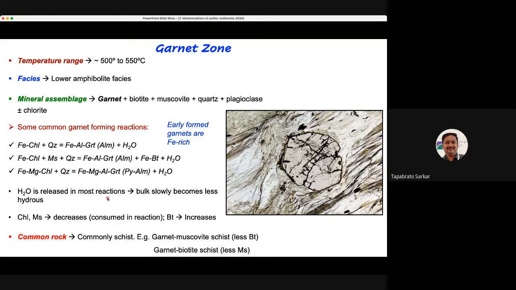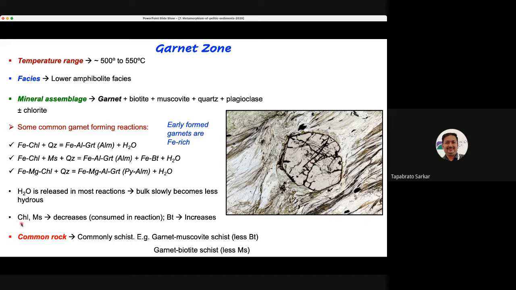Okay. So H2O is released in most reactions, so the bulk slowly becomes less hydrous. Chlorite and muscovite decrease. Chlorite is definitely the most important reactant because you need iron and magnesium to form garnet, which is an iron magnesium mineral. Muscovite also takes part in some of the reactions.